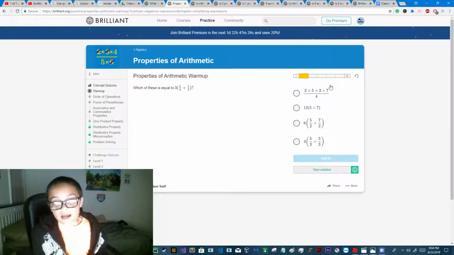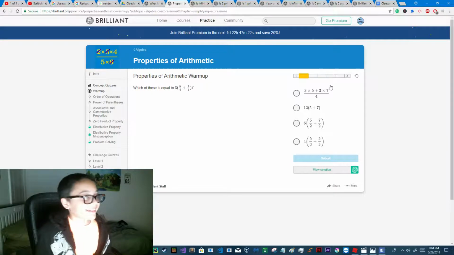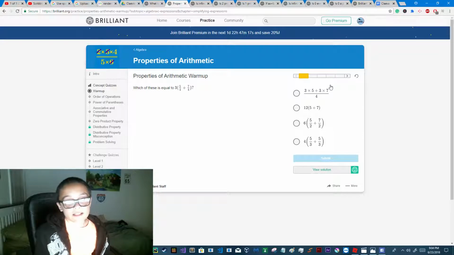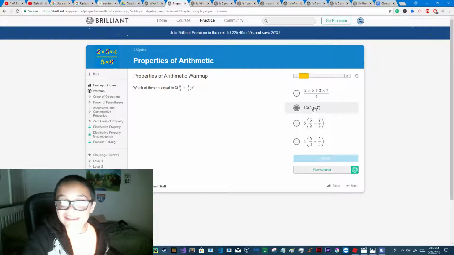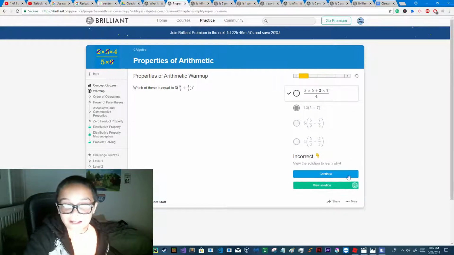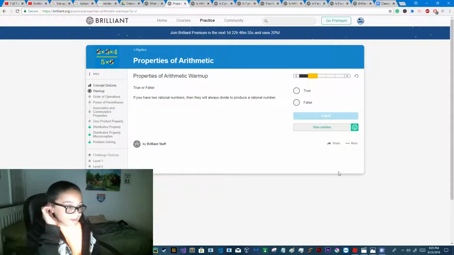Actually, I think it's B. It's definitely not C or D, because those are not equivalent fractions of 5/4 and 7/3. What could it be then? 15 plus 21 divided by 4. I actually think it's B. It's A. Well, let's see.